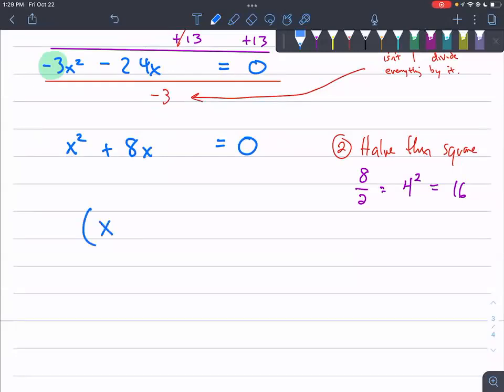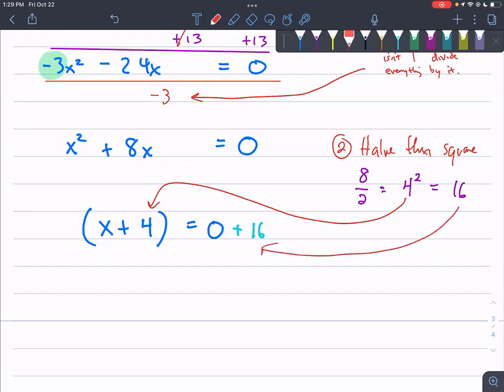This is going to be x plus, what number is going to go inside that parentheses? 4, the halved one. And then on the right, we've got 0 plus 16. Oh, and by the way, that should be squared.